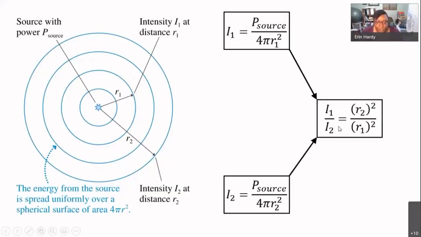Notice you've got 1 in the numerator on one side, and 1 in the denominator on the other side, and then vice versa. That's just the result of us setting both of these expressions equal to P source and then canceling out P source and the 4 pi. So the greater R is, the smaller the intensity I2 you would measure.